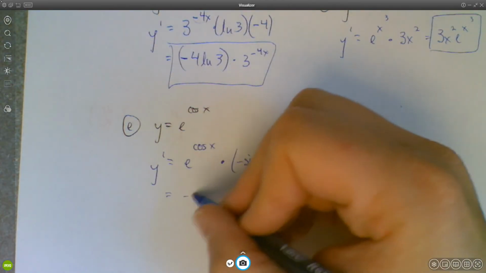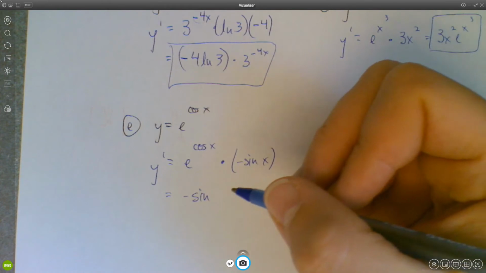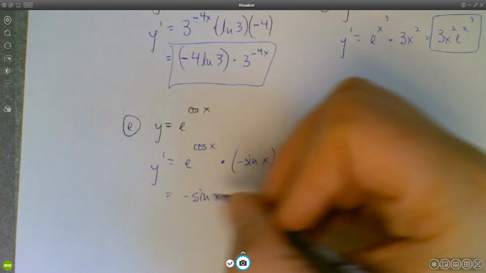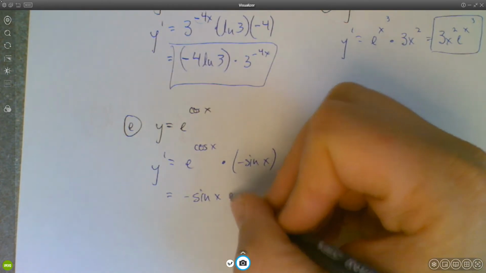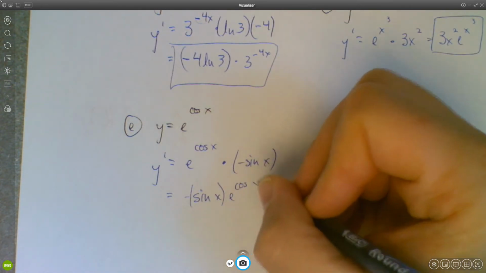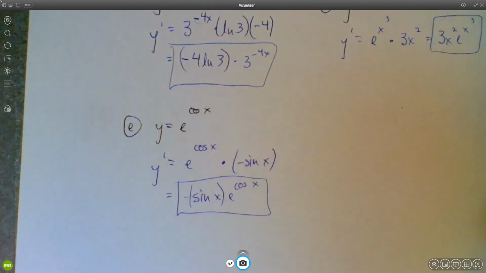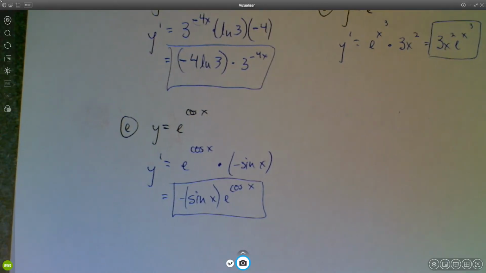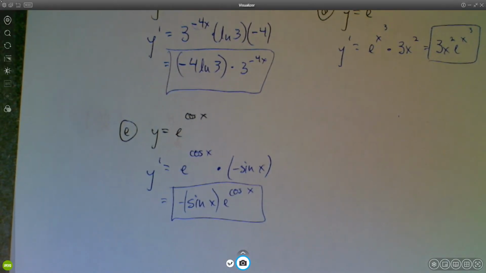So that's negative sine x times e to the cosine x. I don't know if there's a nice way to write this. We'll say something like that. Okay, so I think you have the idea. Well, I hope you have the idea with exponential functions and their derivatives.